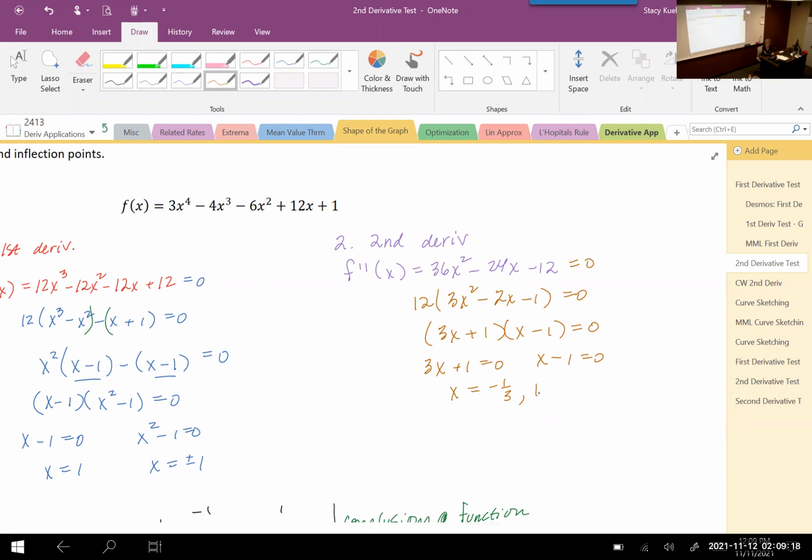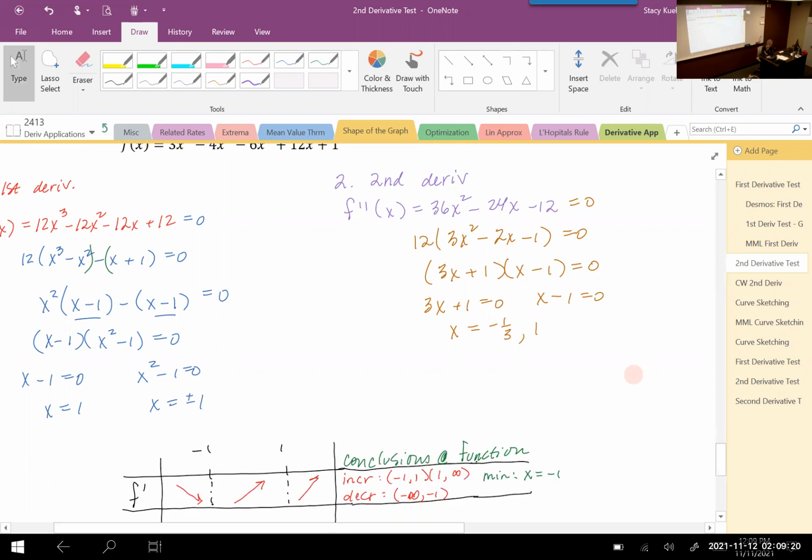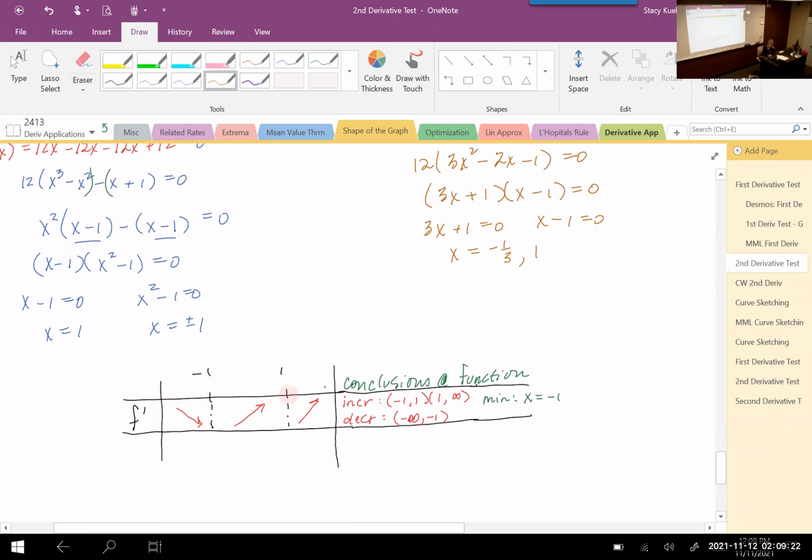Those are the numbers that we're gonna use. Now, we're gonna come down here and add to this chart that we're making. So we have a -1/3 now, which falls here in between. And we have a value at 1, correct? These are possible inflection points.